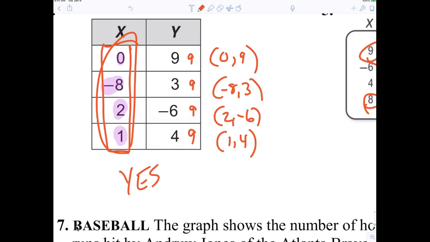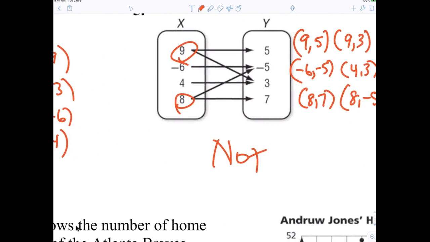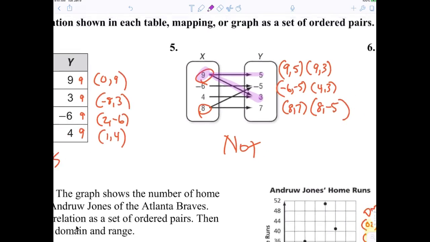Over here, is this a function? No, because this maps to two numbers. It can't go to two numbers. Every x has one y. You hear me on this? Do you think you're good now? All right, very good. Thank you, Joseph. Come on, that's how you get smarter.